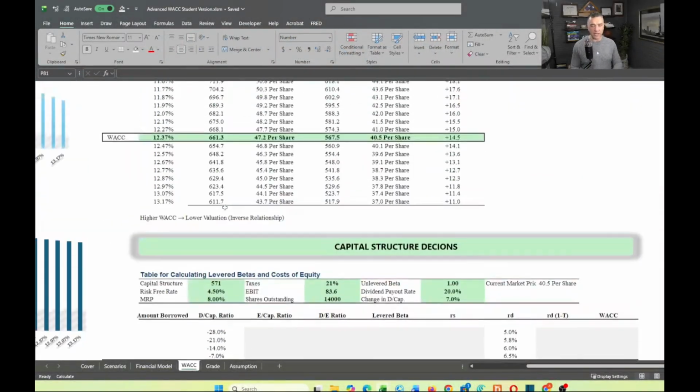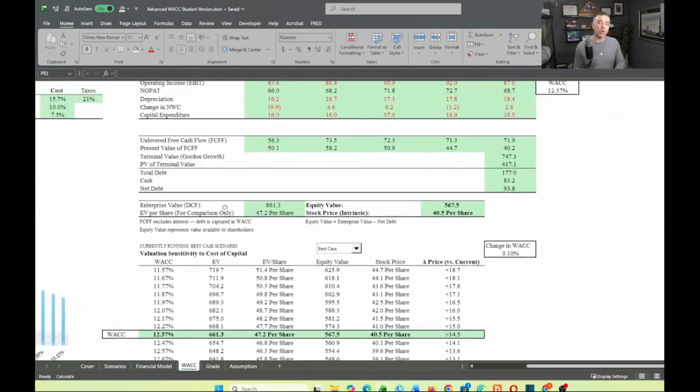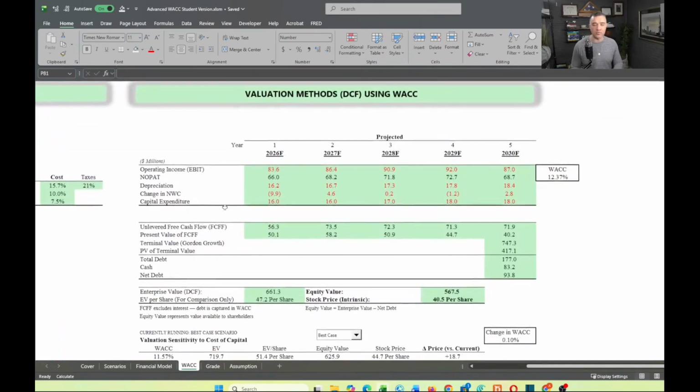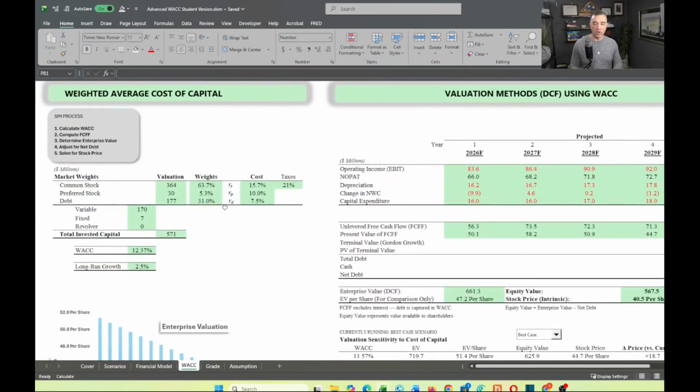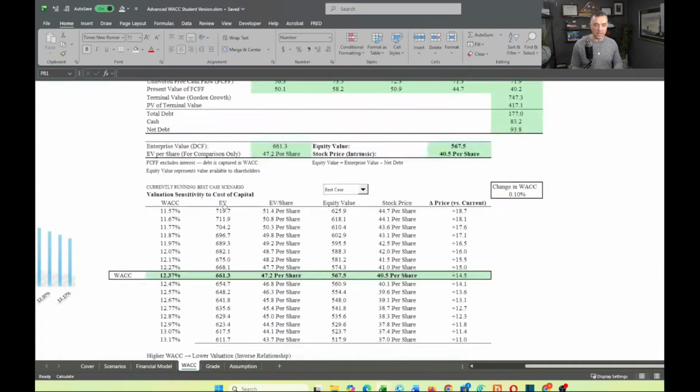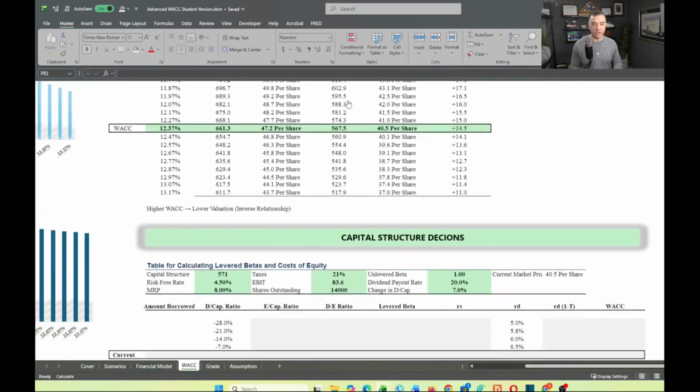I'm going to go through this kind of quick because I know the other videos were about 23 minutes long. So this is the first part we did, a sensitivity analysis based on 3 different cases.